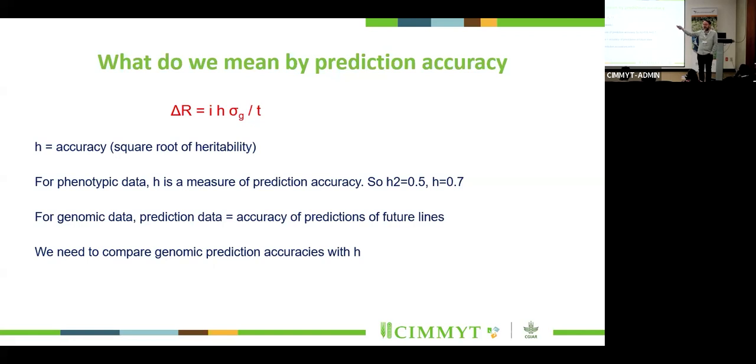If your genomic prediction accuracy is 0.6 and you could save 2 years, then you're going to do genomic prediction, because your heritability tells you how accurately you can actually evaluate your phenotypic data. Does that make sense? Yeah.